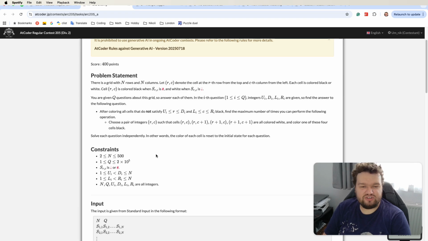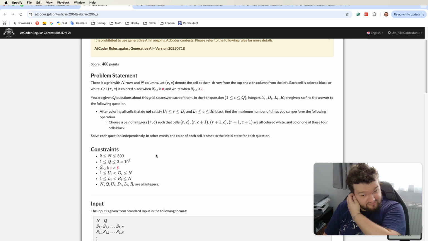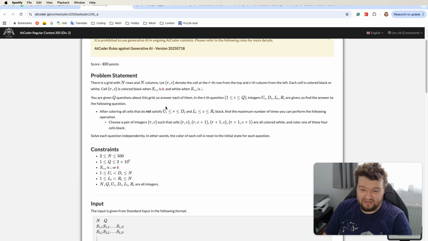In each question, integers up, down, left, right are given, so find the answer to the following question. After coloring all cells that do not lie in this rectangle black, find the maximum number of times you can perform the following operation.